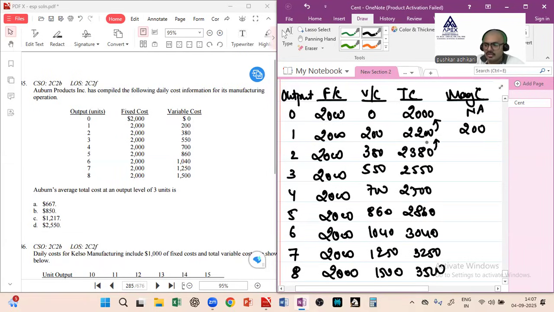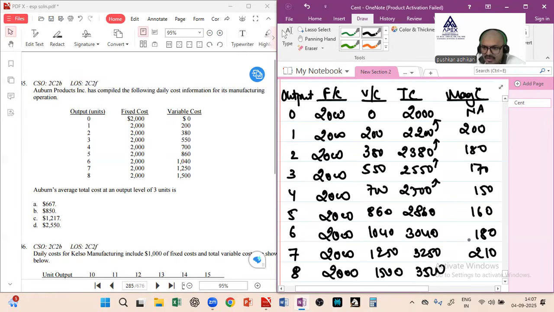Next, 2380 minus 2200 is 180. 2550 minus 2380 is 170. 2700 minus 2550 is 150. 2860 minus 2700 is 160. 3040 minus 2860 is 180. 3250 minus 3040 is 210.